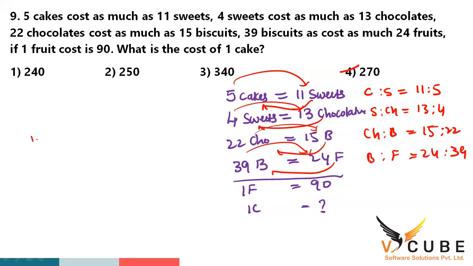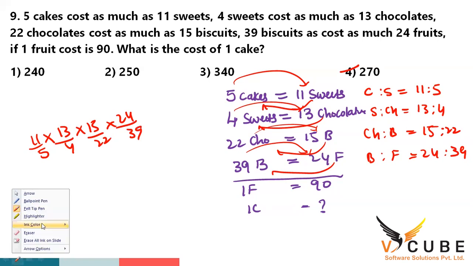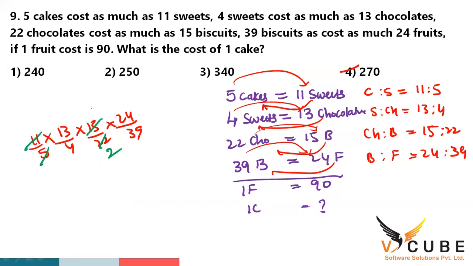Now look, 11 is to 5, can I write it as 11 by 5? Note it as 11 by 5 into 13 by 4 into 15 by 22 into 24 by 39. Let me calculate. Any cancellation? 11 ones are 11, 11 twos are 22; 5 ones are 5, 5 threes are 15. Next, 4 ones are 4, 4 sixes are 24; 13 ones are 13, 13 threes are 39. So cancel by 3, 2 ones are 2, 2 threes are 6.